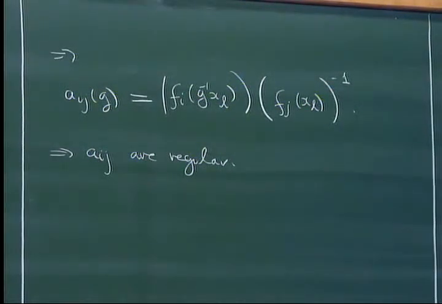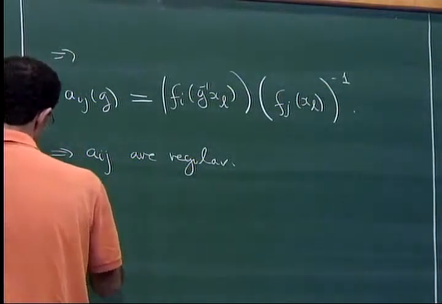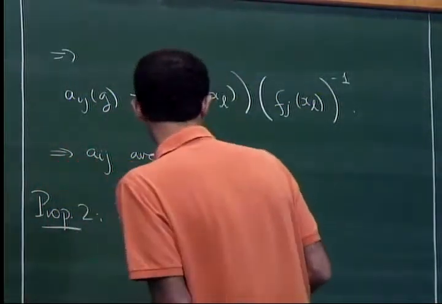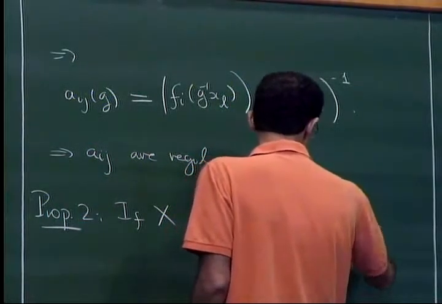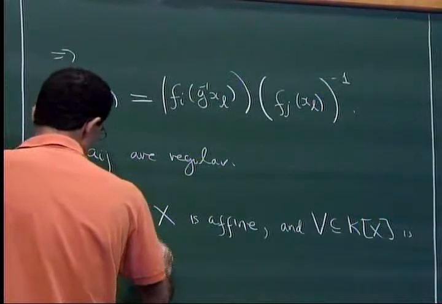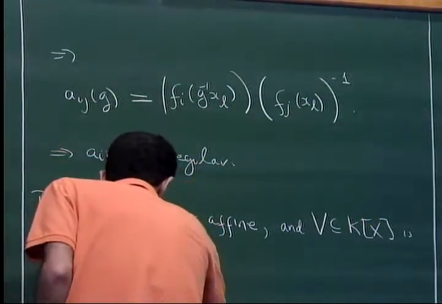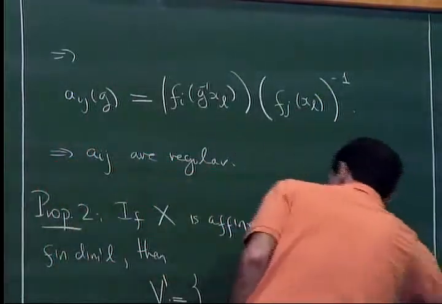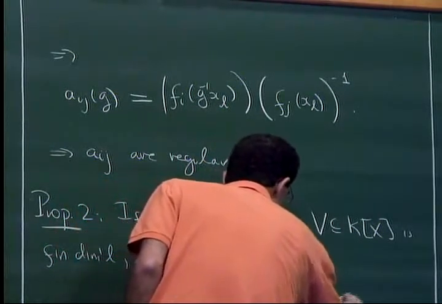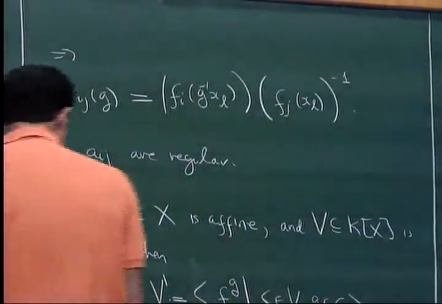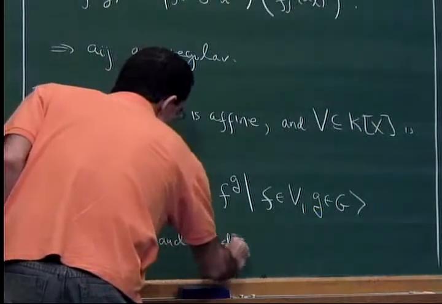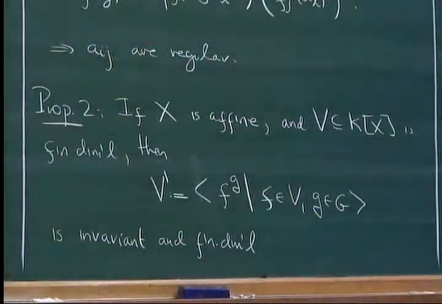And more than that, in the affine case at least, proposition 2: if X is affine, and V is finite dimensional, then we can consider V prime as the subspace generated by Fg, where F is in V and g is in G. Then you have a subspace, and this subspace is invariant, which is easy to see, and finite dimensional, which is the real statement.